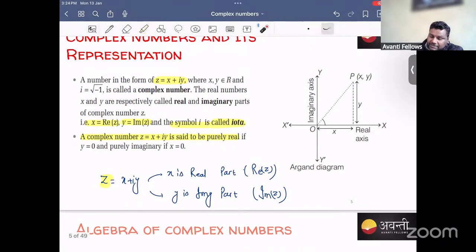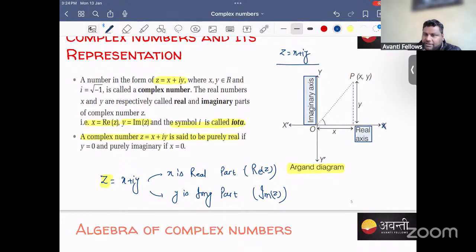Now, as far as the representation is concerned, this is the plane that we call the Argand plane. Now, complex number z is x plus iota y. Here, this is the x axis in coordinate geometry, which is called the real axis here. Y axis is called the imaginary axis here.